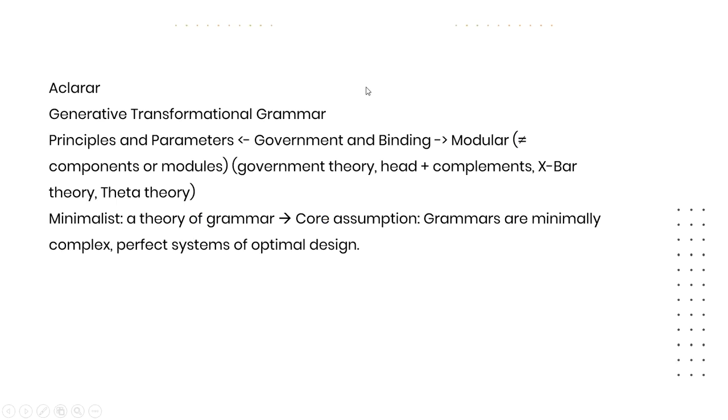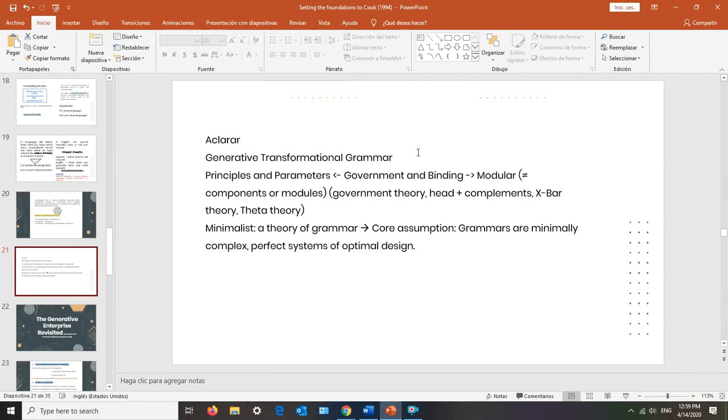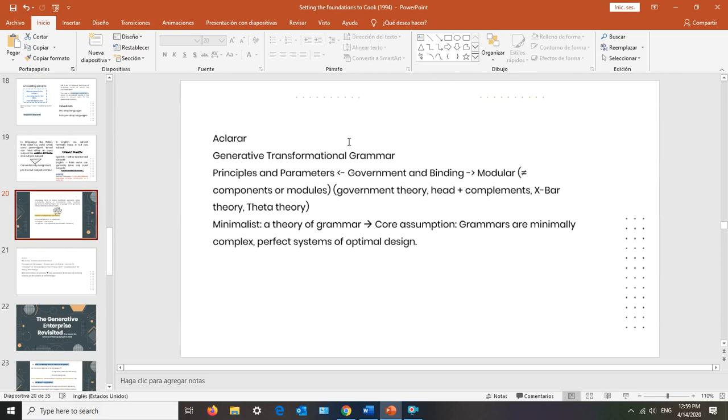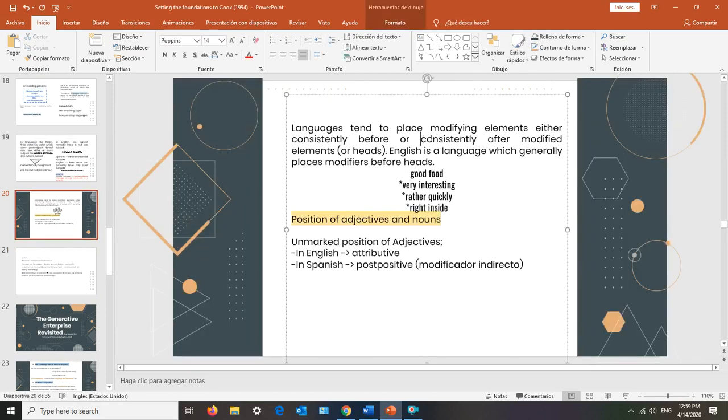So this idea of consistent characteristic is what I mean when I say canonical, written like this, or unmarked, right?